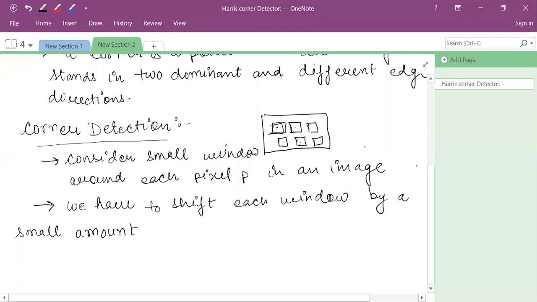So this shifting can be done in the 4 directions, like this direction, this direction, this direction, this direction, in small amount in any direction.